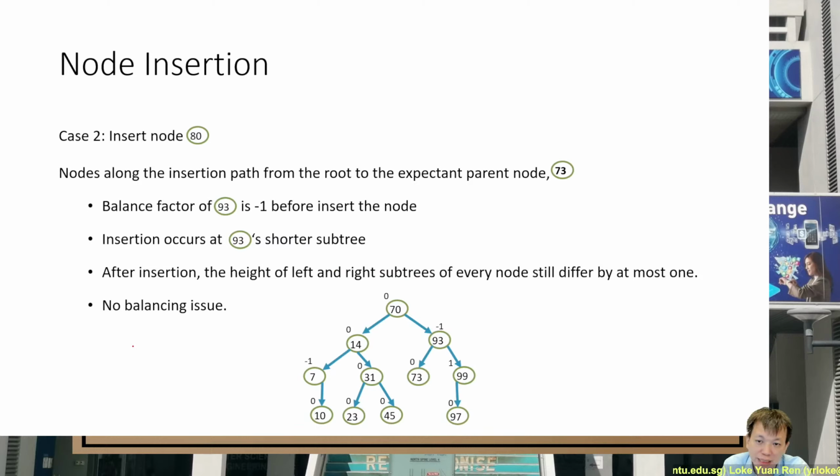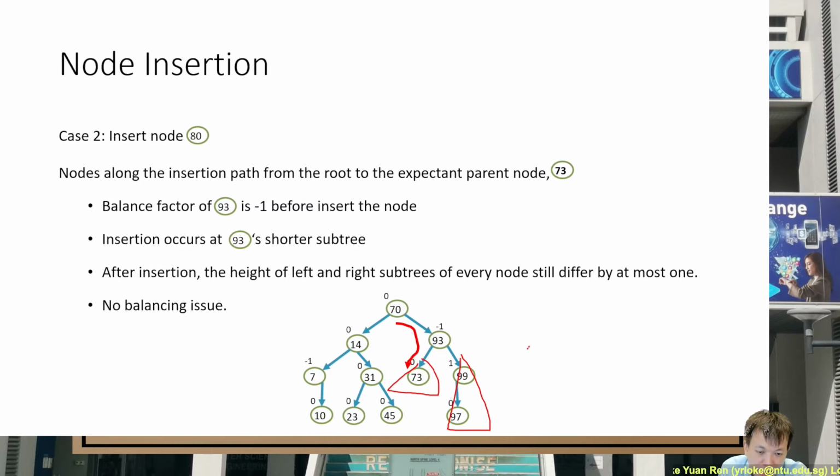Same thing for node 80. If you insert it, you will probably insert it to here, along this path, 93. The left side of 93, originally this part the height is 0. This part the height is 1.